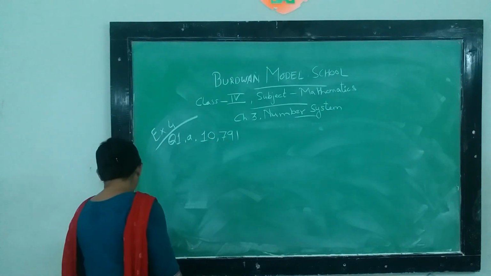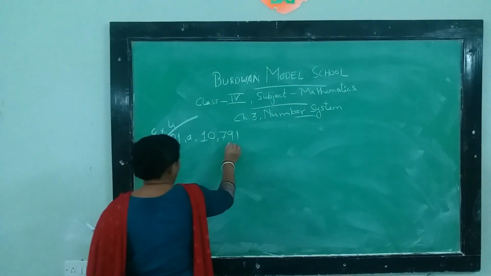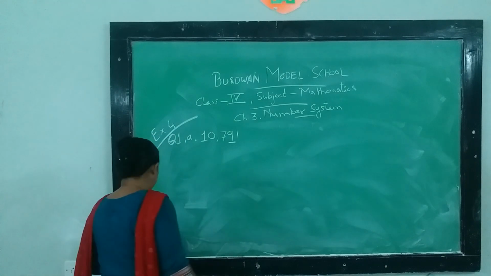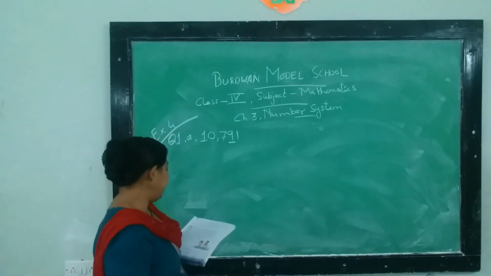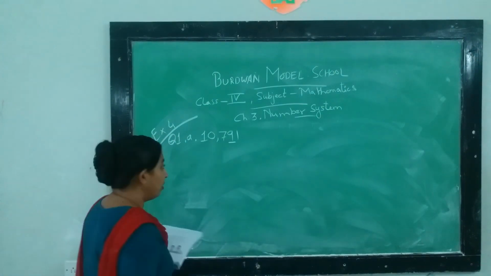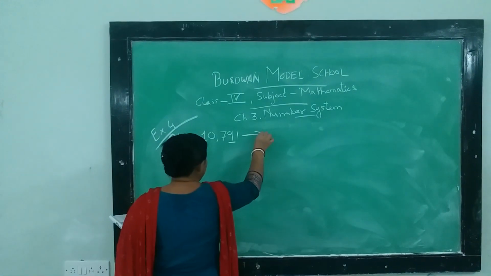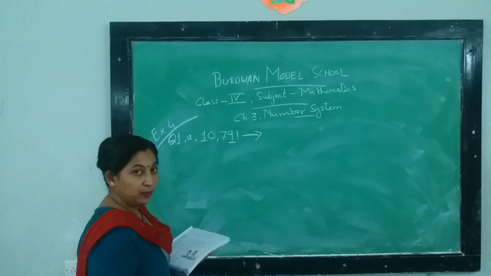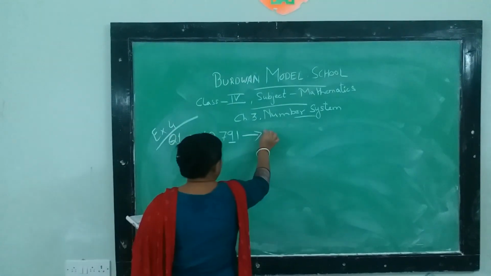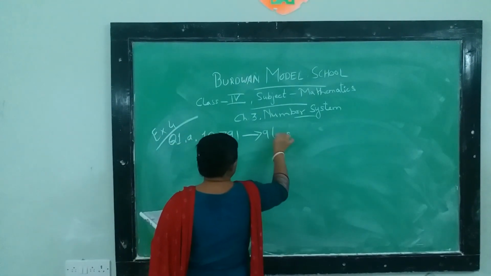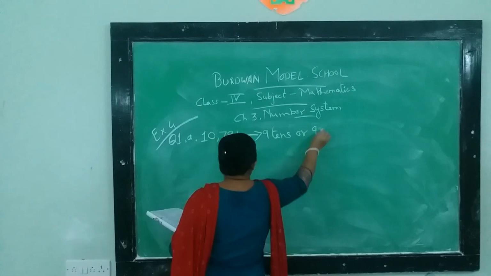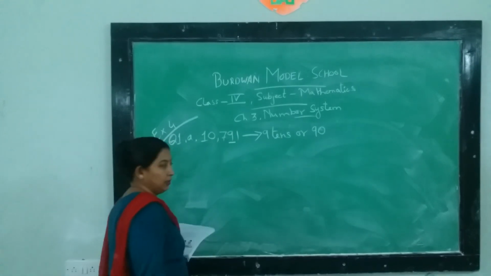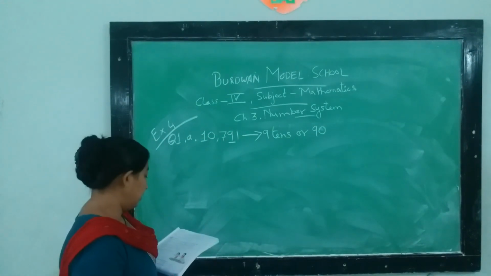It is given 10,791 and the underlined digit is 9. You have to write the place value. So what will be its place value? Here directly you will write the place value. Okay, so 9 is in tens place. So you will write 9 tens or 90. Okay, 9 tens or 90.